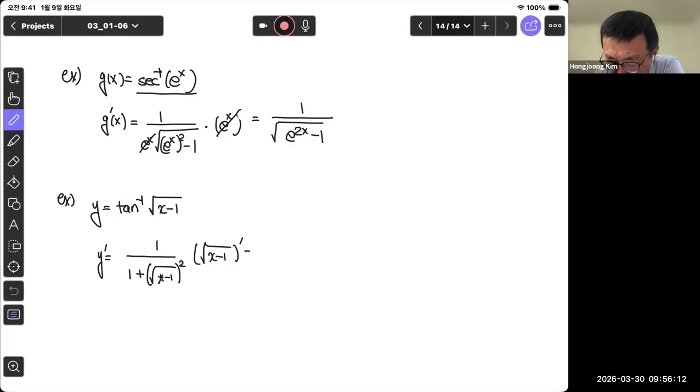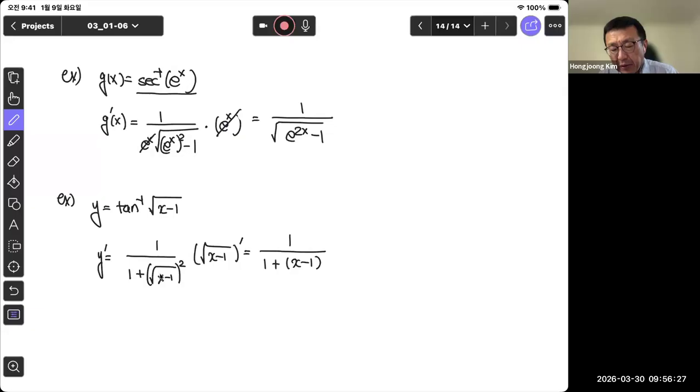So you get 1 plus, if I square the square root of x minus 1, you get x minus 1. And then you need the derivative of square root of x minus 1.